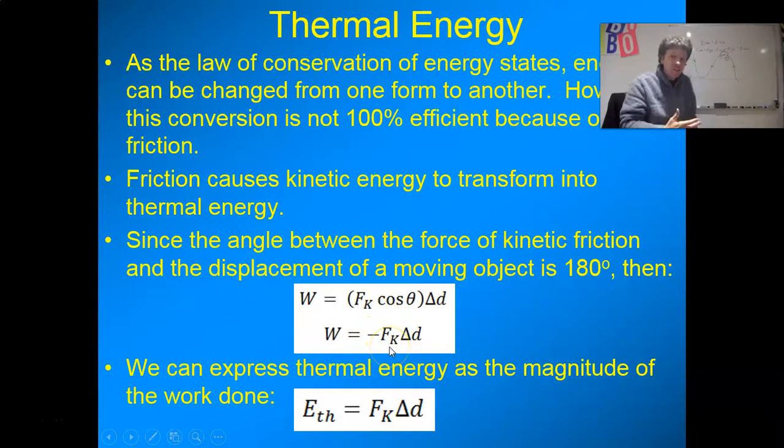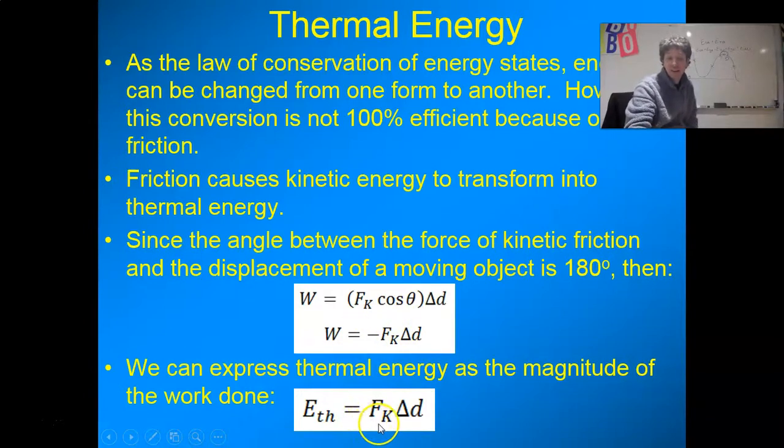But if we want to know how much thermal energy is produced, well, that negative amount, which was lost in kinetic, gets transferred into thermal. And since we have conservation of energy, all of it gets transferred into thermal. None is lost, none is gained. So we can say the thermal energy is just, well, that positive value, that absolute value of the work done due to friction.